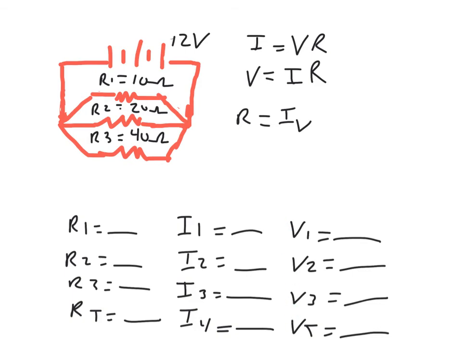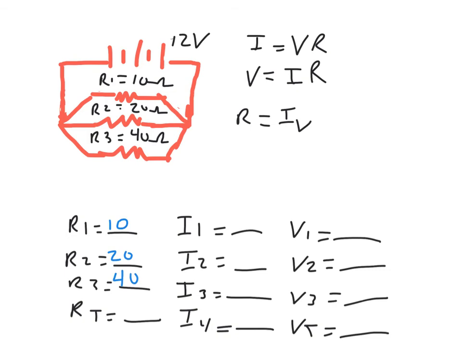And so we're going to begin by filling in the information that we know. We know that our resistances are 10, 20, and 40.